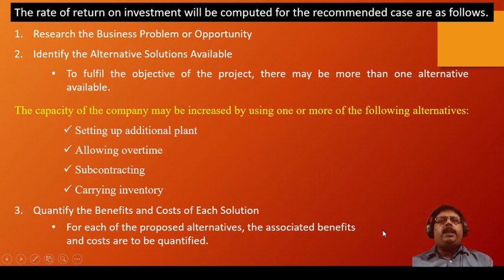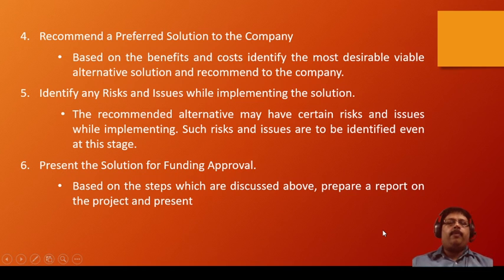Now these 6 recommendations for return on investment are as follows. First one will be the research of the business problem and the different opportunities. Second one will be identify the alternative solutions available. Third will be quantifying the benefits and the cost of each solution.